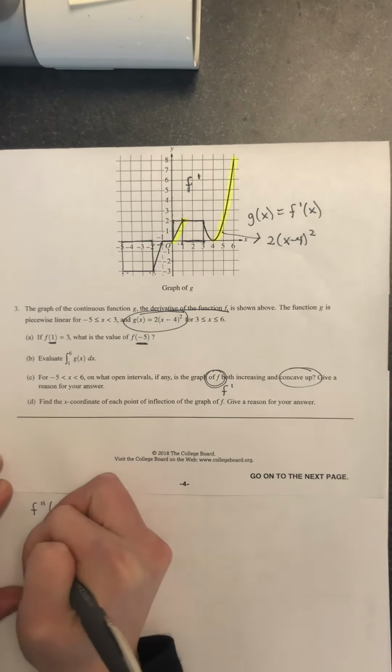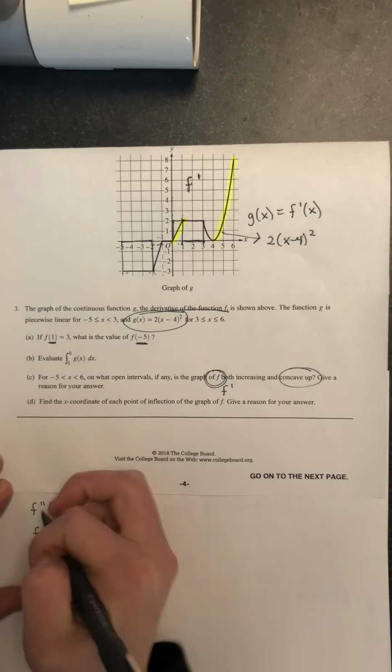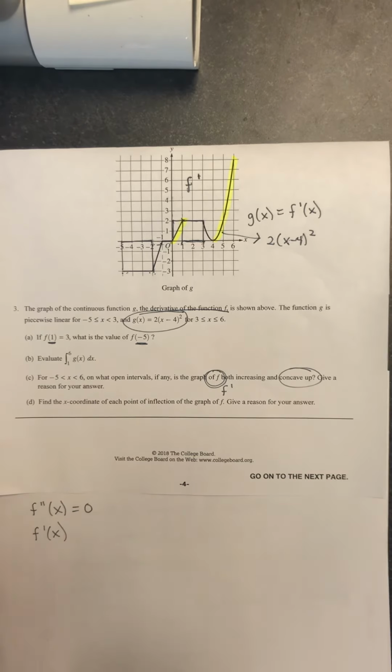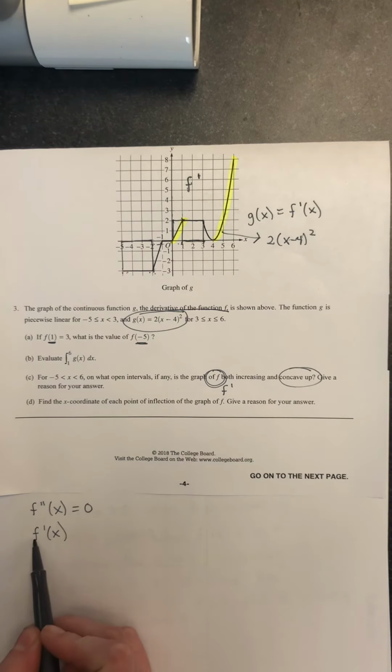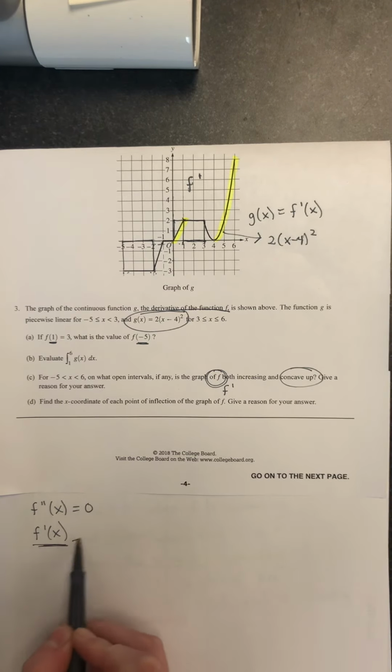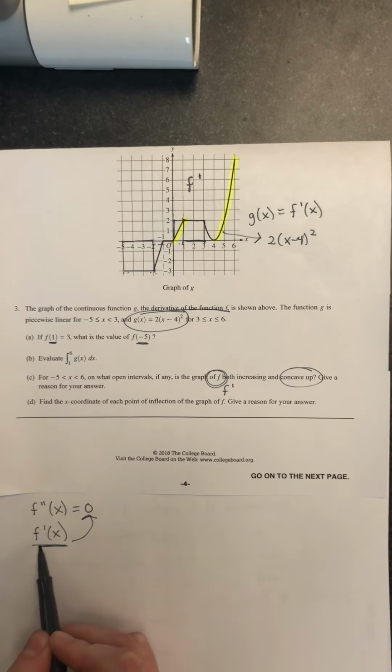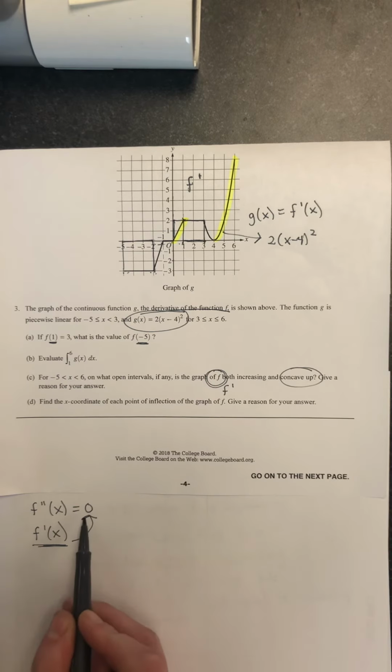But what does that imply for f prime of x? If f prime of x is doing what, then f double prime of x is 0? Think about that for a minute. Okay, so we should be thinking, the derivative of f prime of x is 0.